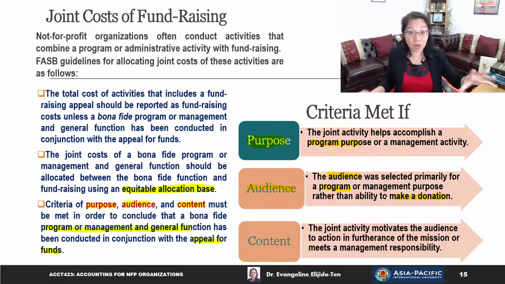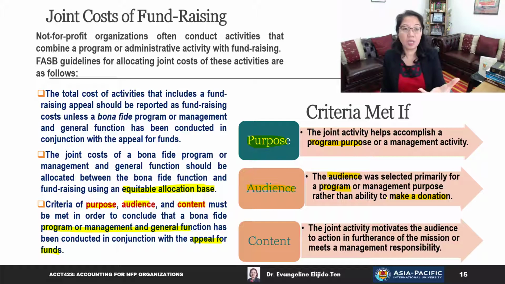So the suburb was chosen for door-to-door campaign because of the program purpose. It is just incidental that they also are able to make donation. So they didn't choose the suburb because it's a rich suburb who can afford to give donations. That's the criteria for audience.